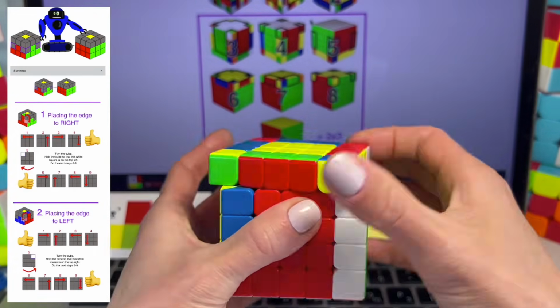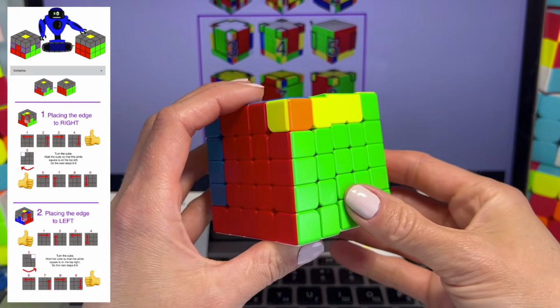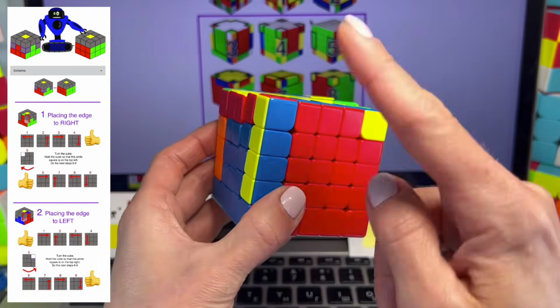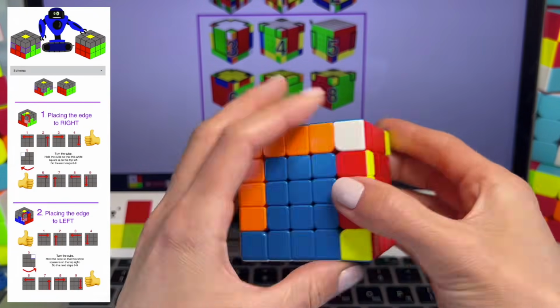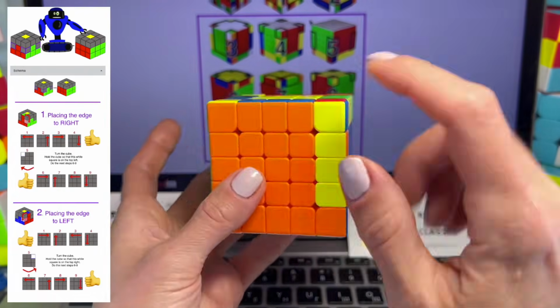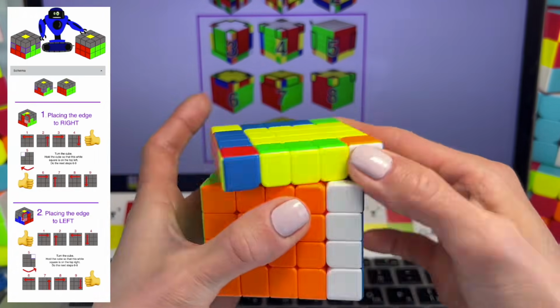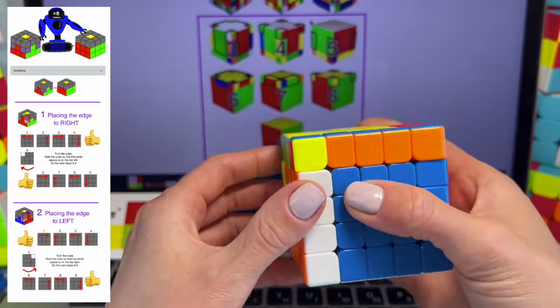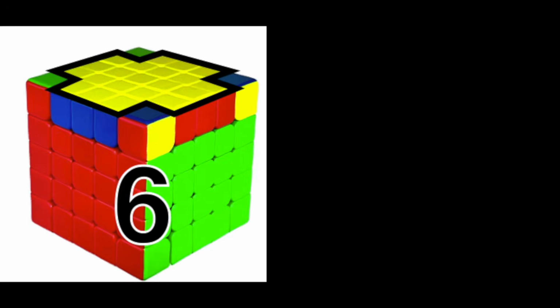Apply the algorithm. The edges are in their places. Here we place the edge to the left. The edges are in place. And the last edges, the orange-blue ones, will be placed to the right. That's it. All the edges are in place.